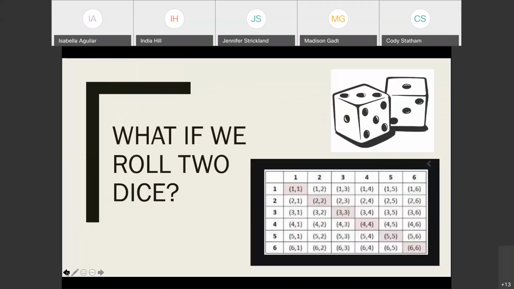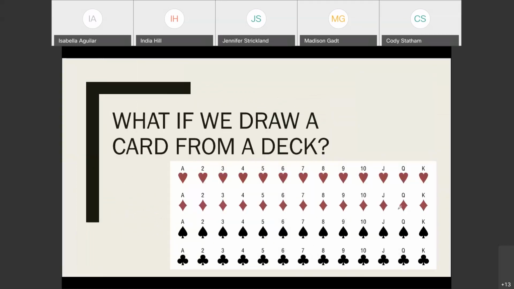There it is right there. Okay, so I'm going to circle the jacks right here. And then I'm going to circle the 7s.